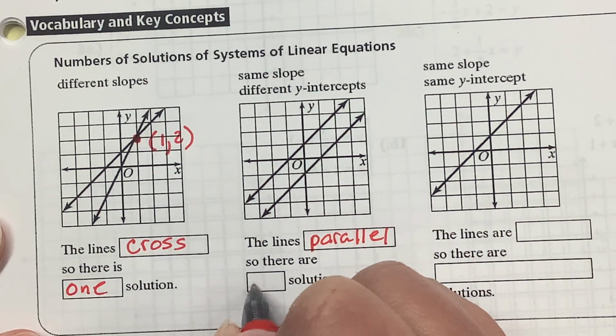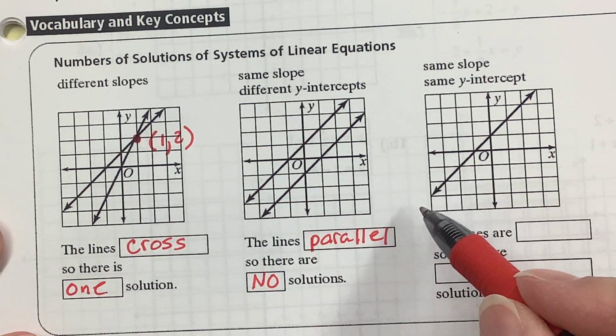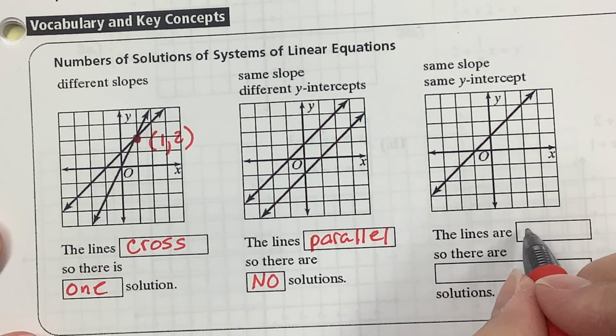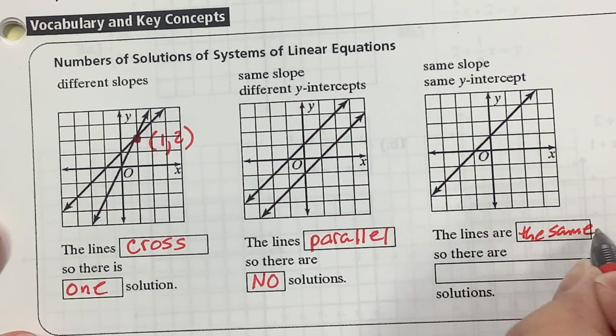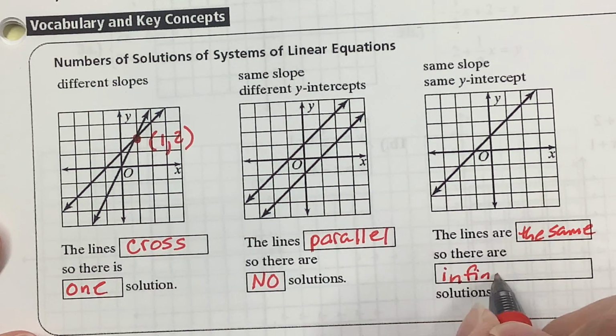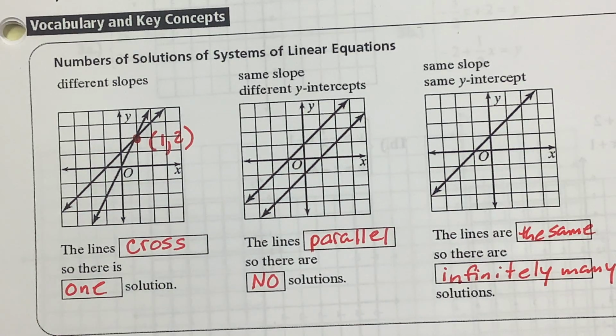So there are no solutions to that one. Now this one, they have the same slope and the same y-intercept. The lines are the same. So there are infinite solutions. I spell infinitely wrong too now. Infinitely many solutions.